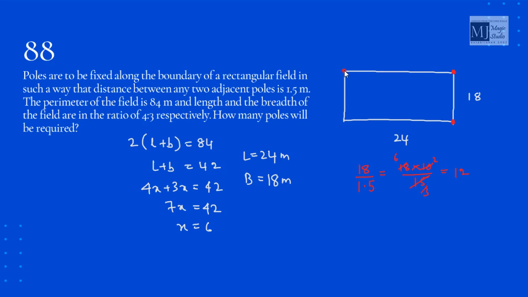Similarly, 12 poles on this end. Again, 24 divided by 1.5, 24 into 2/3 is 16. That means on length we can have 16 poles.